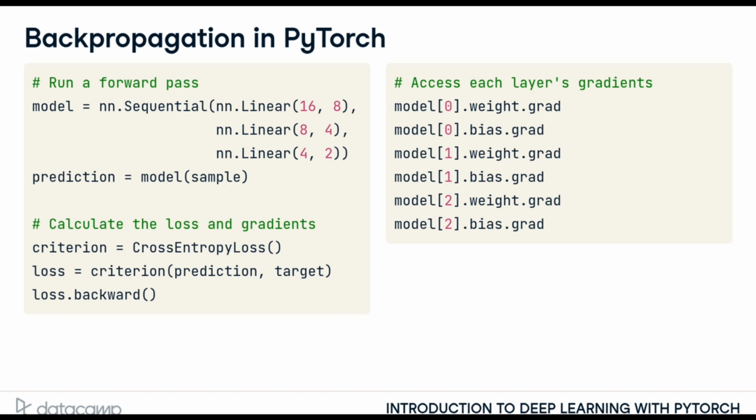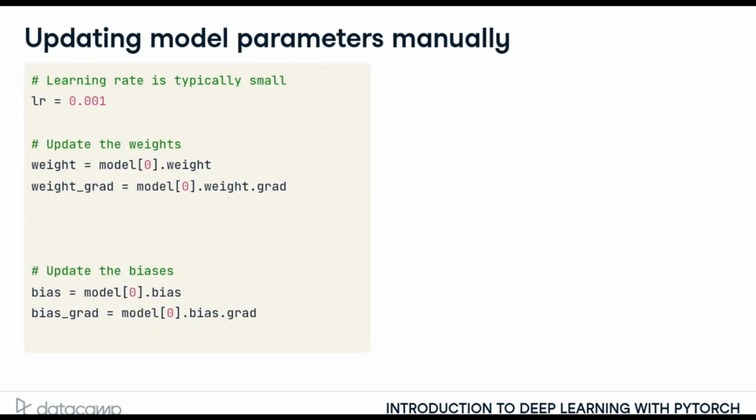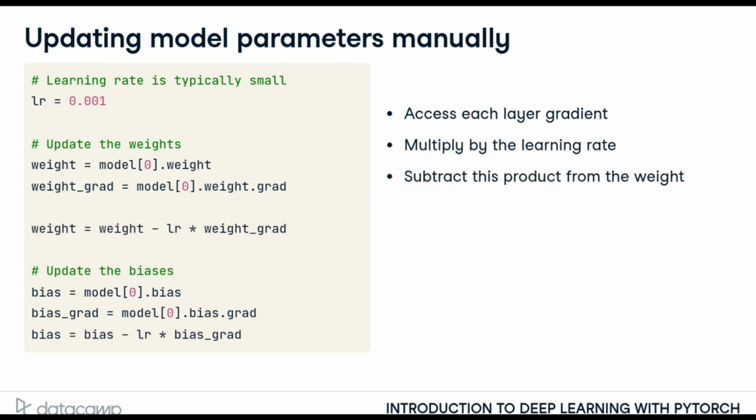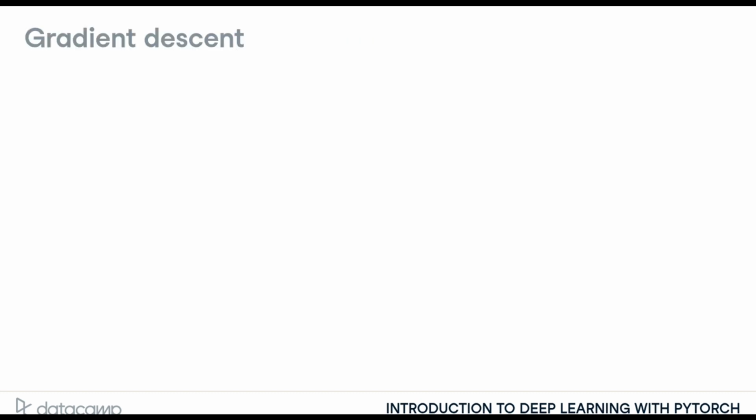Each layer in the model can be indexed starting from 0 to access its weights, biases, and gradients. To manually update model parameters, we access each layer gradient, multiply it by the learning rate, and subtract this product from the weight. Learning rate is another tunable parameter. We'll discuss this and the training loop later in the course.